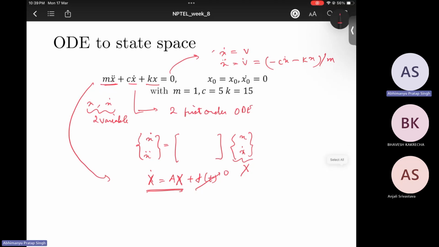So we can just use these two equations to complete this matrix. I know from this equation that x dot is equal to v, but here we don't have a v. We are just writing it in terms of x only.